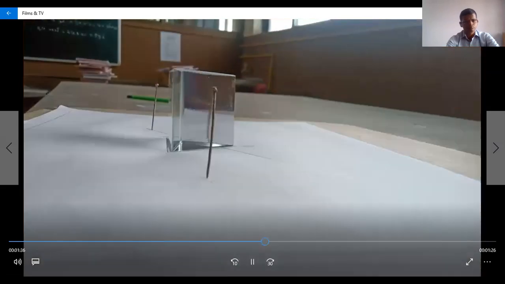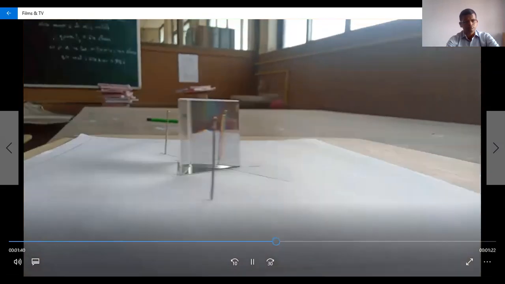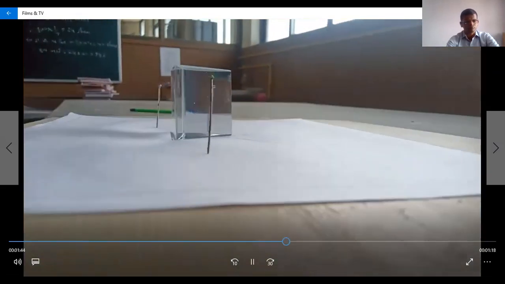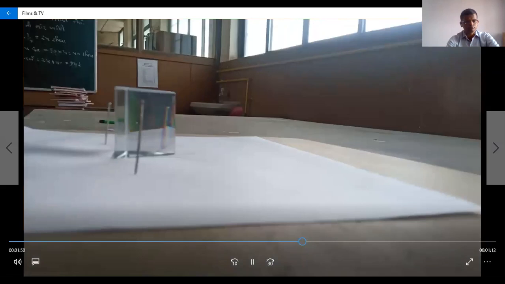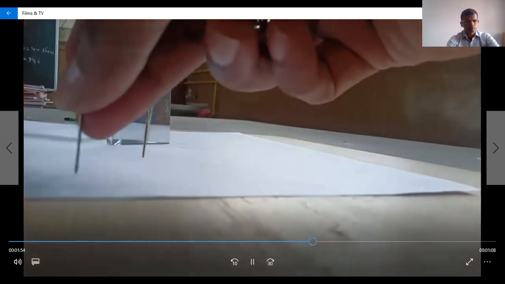Okay, so very easy. Whenever you look from another angle, it is not possible. Only at this angle you see a common straight line. Then we use one more pin and fit it at that place, so that all four pins come on a straight line.